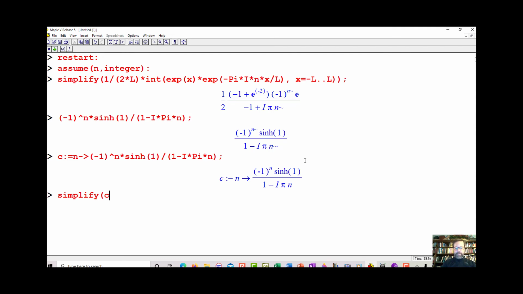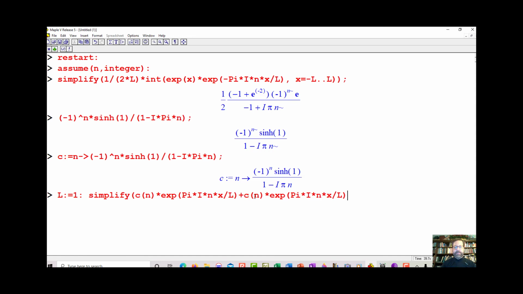Now, I want to simplify C of n times the Fourier basis element exp of pi times I times n times x divided by L. I'll assume here that L is 1. Plus the exact same thing, but when n is replaced by negative n.